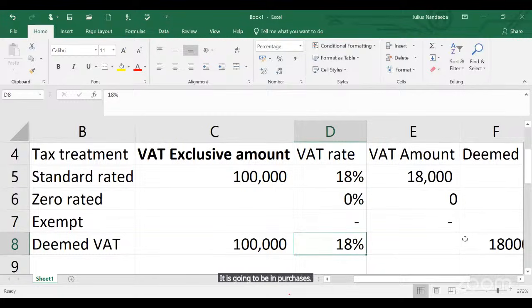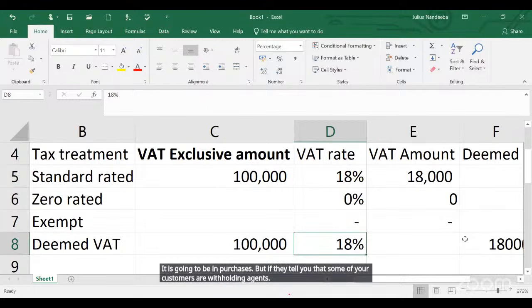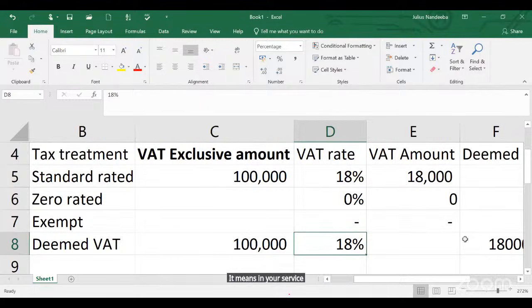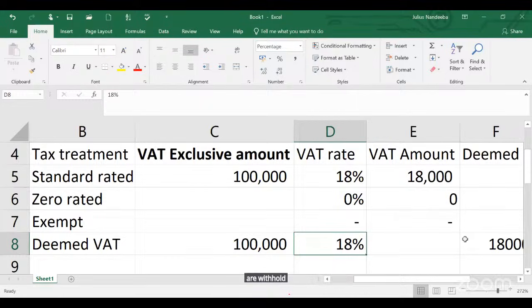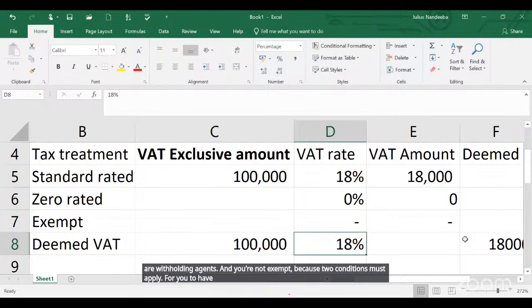But if they tell you that some of your customers are withholding agents, it means in your sales schedule, you'll also have a column for withholding VAT. That is when they have told you that some of your customers who you're making sales to are withholding agents and you're not exempt. Because two conditions must apply for you to have a column of VAT withholding.